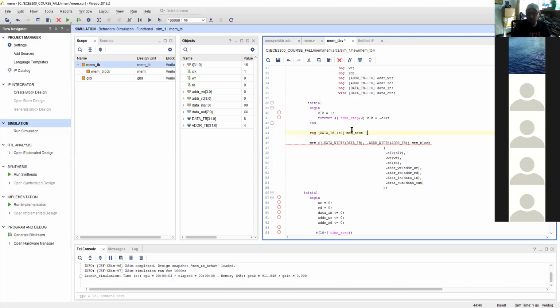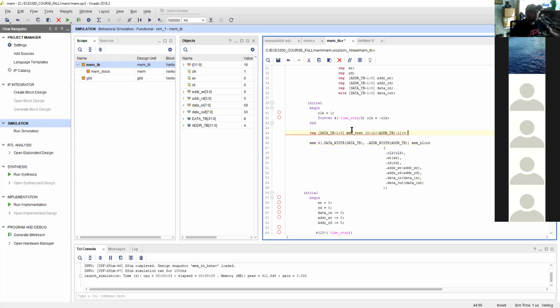And location wise, it's going to be 0 to -1. Okay, then look, I make it equal.